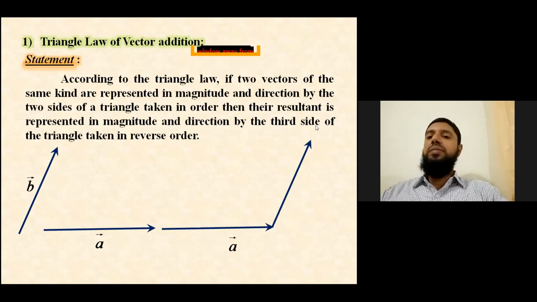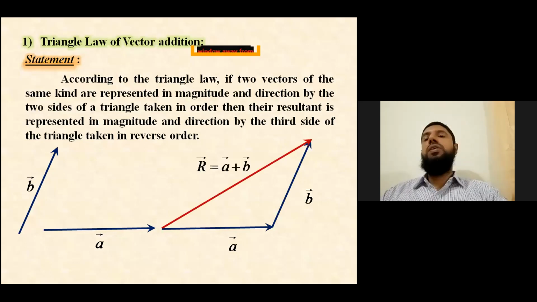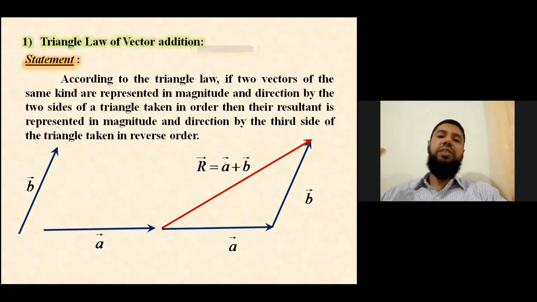In the reverse order means if I have a vector from the initial point of vector A to the final point of vector B, this vector represents the resultant in magnitude as well as in direction. This is the law of triangle.